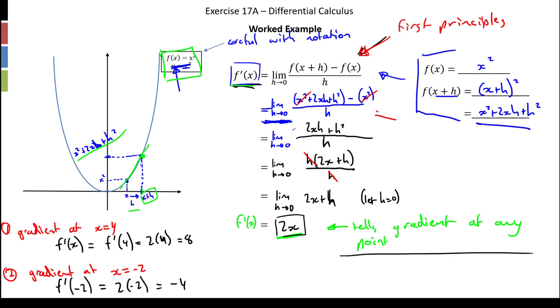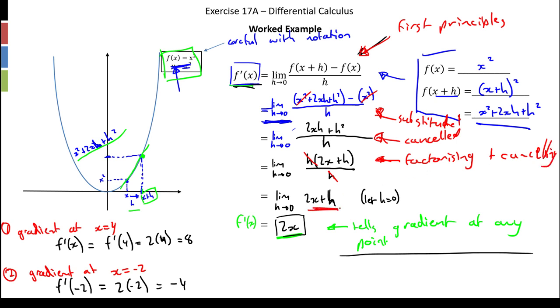We substituted. Some cancelling to get to here. And then we factorized. And by factorizing and cancelling, we now had a limit that we could solve. And we solved the limit and we got our answer.